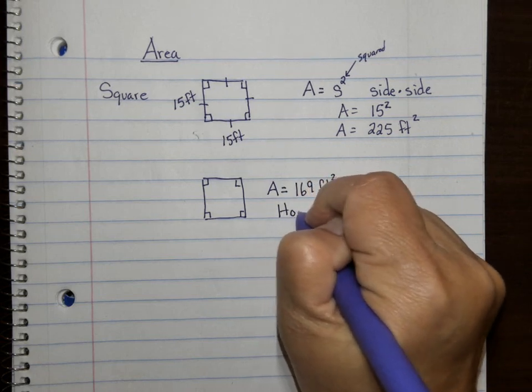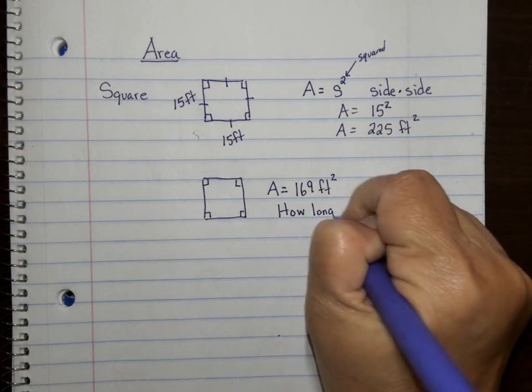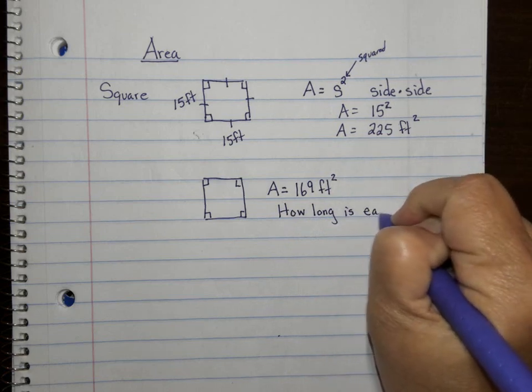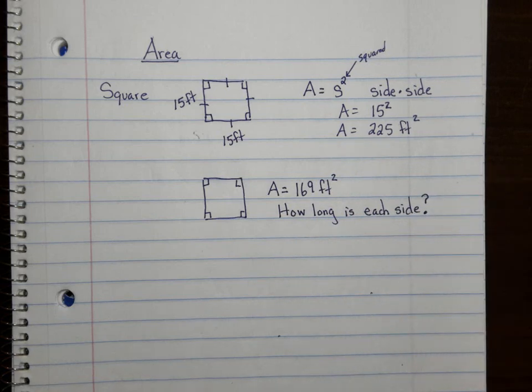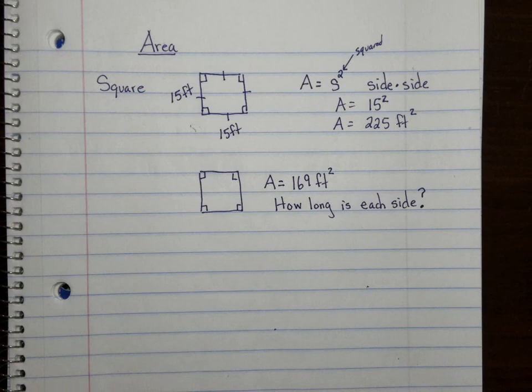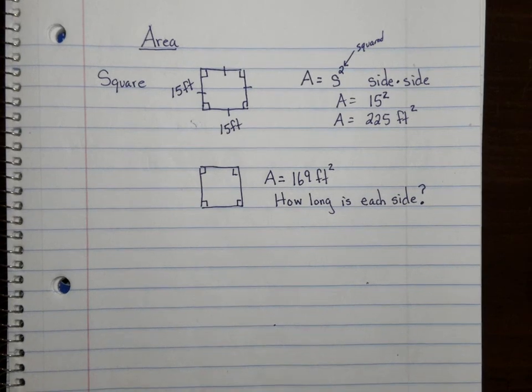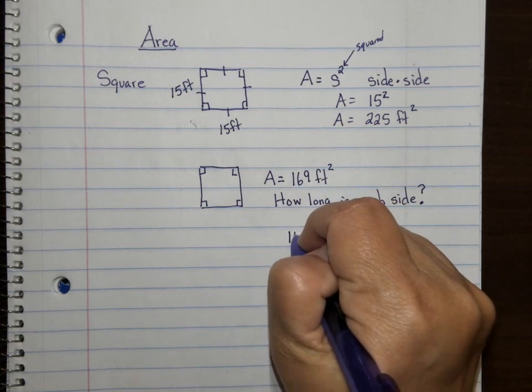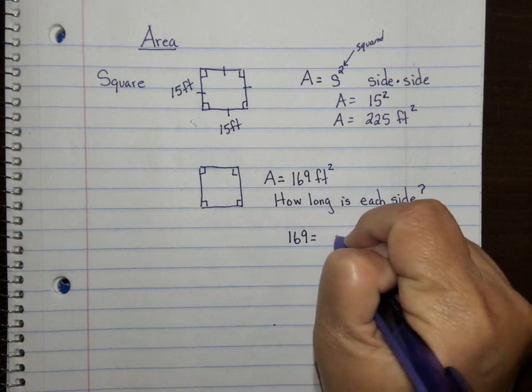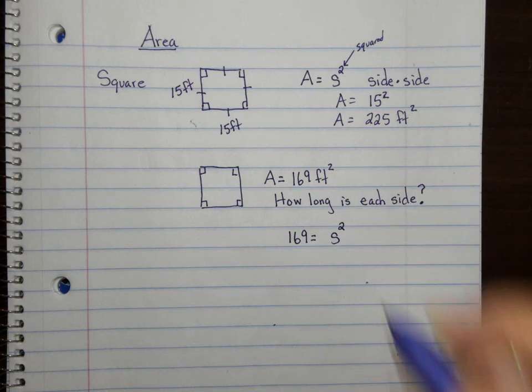And it would say how long is each side. So then what it's saying is if the area is 169, then 169 is equal to whatever the side length is squared.